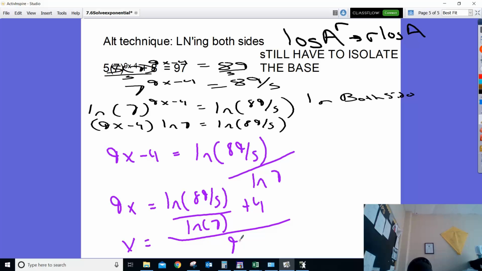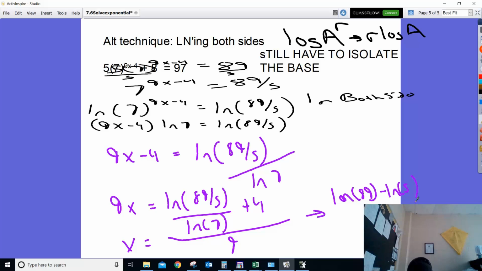If you take a standardized test, they do like to be a little tricky on things like this. Like that natural log 89 over 5. How do you express division inside of a log? Subtraction. A person who creates a standardized test, not necessarily ACT, but EOC here, would probably write the natural log of 89 minus the natural log of 5.